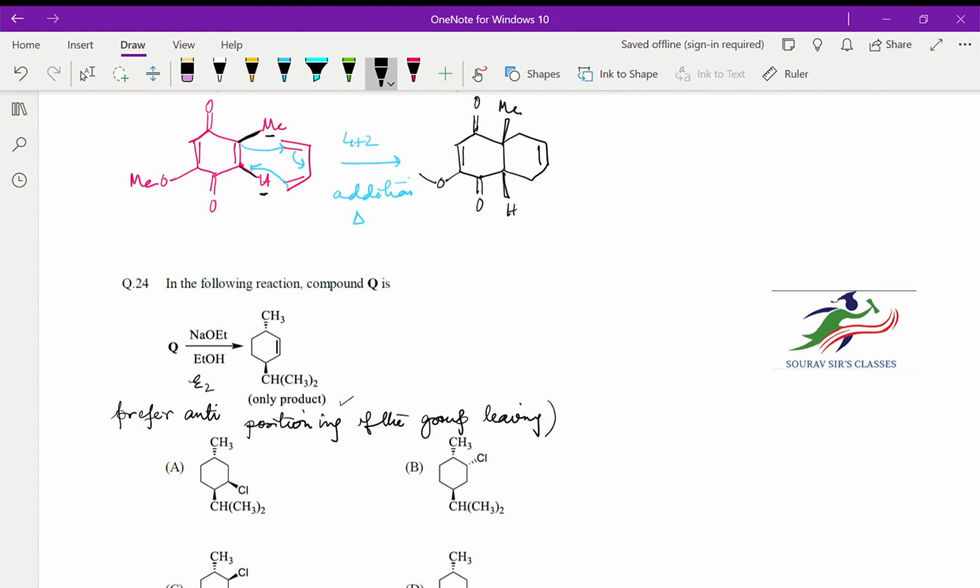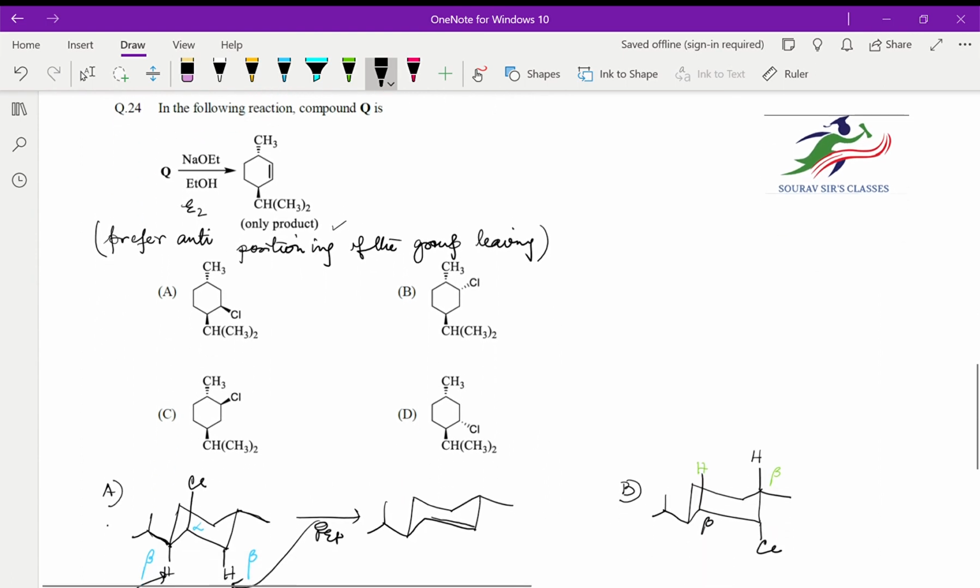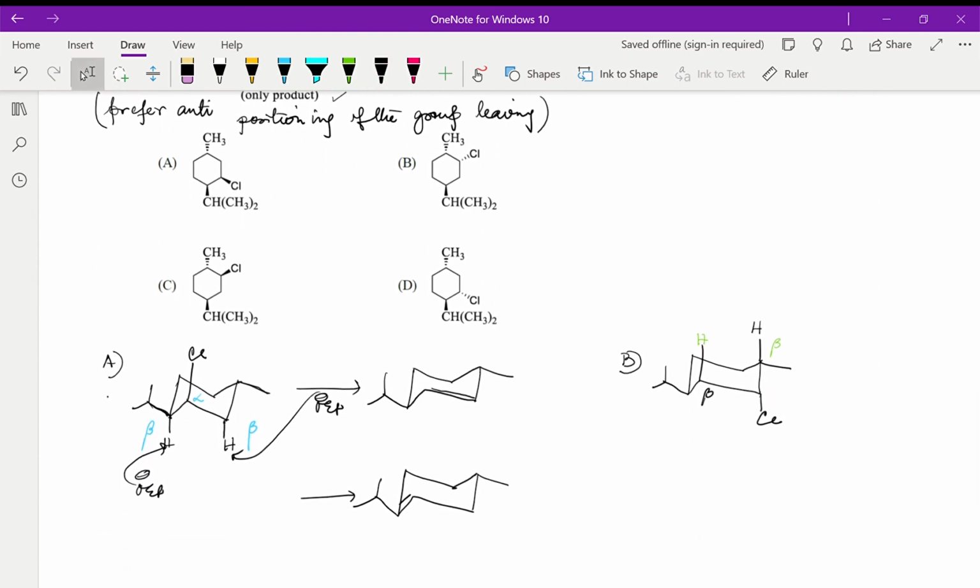That has to be also kept in mind. So if we do that, now let us think out here. This is our base which is taking up this, so this will come here like that and that will go away. Or else there is another possibility that this is taken up, so that can go away like this, and then Cl can go away.